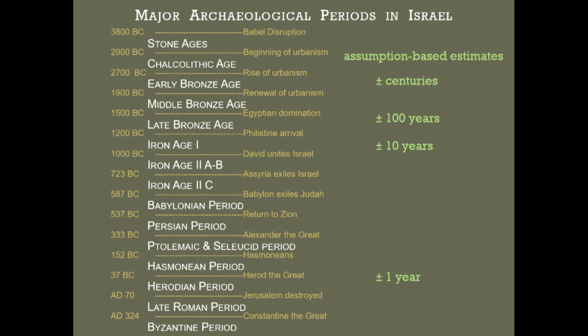I believe by the time we get back to the Middle Bronze Age, we've got enough play that this could be a century early, a century late. By the time we get back to the Early Bronze Age, we're talking multiple centuries of uncertainty for these dates. And for the Chalcolithic, the Stone Ages, it's purely based on your assumptions going in. Do you think we have long time periods that need to be filled? Do we have short time periods that need to be filled?